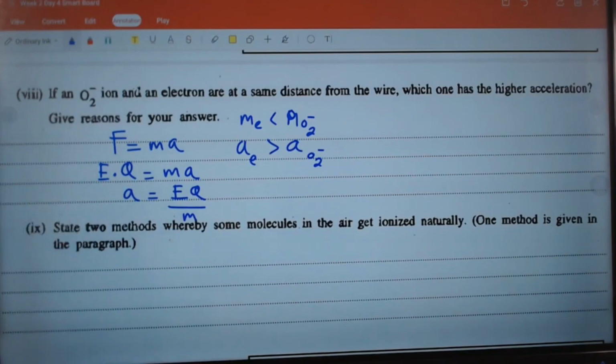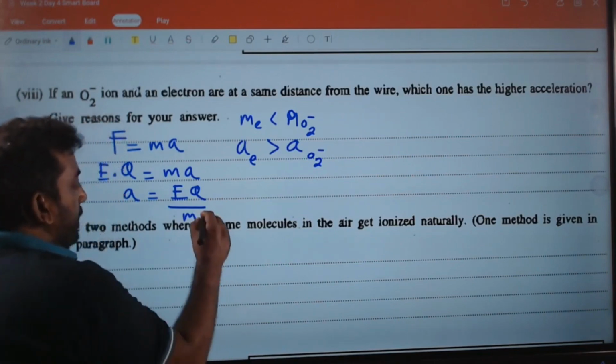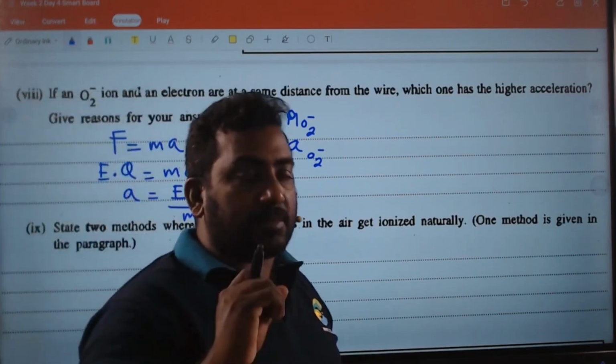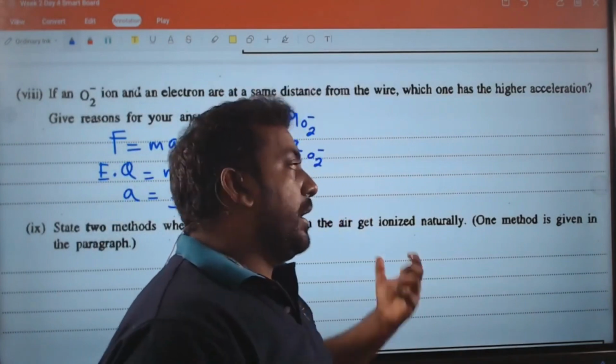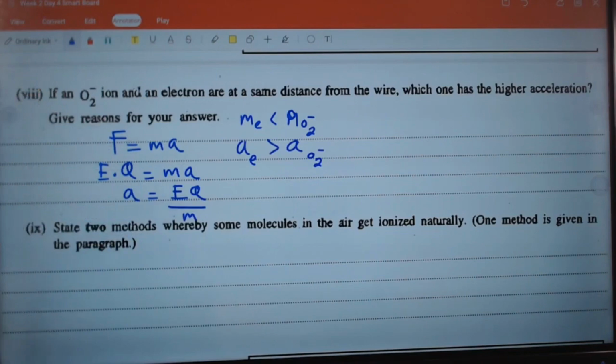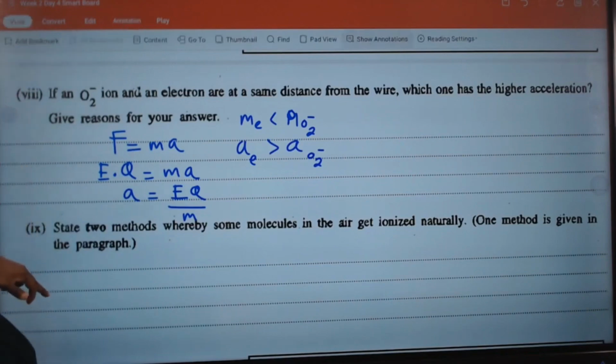Both have the same charge, but the mass of the electron is much smaller. When the mass is smaller, the acceleration will be large. Okay? Right.